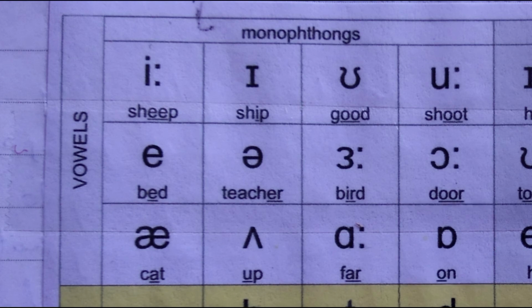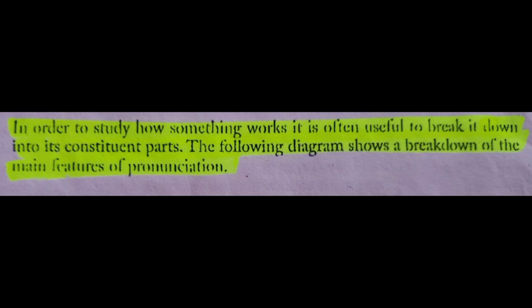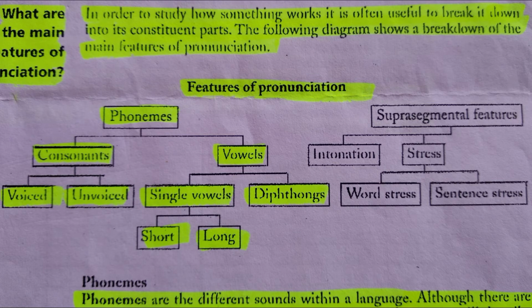Okay? Those are short vowel sounds. So now we have talked about all the features of pronunciation from the left, the ones that are highlighted. Now let's go back to the beginning. Remember that Kelly said that in order to study how something works, it is often useful to break it down into its constituent parts. And that's what we have done during this video.